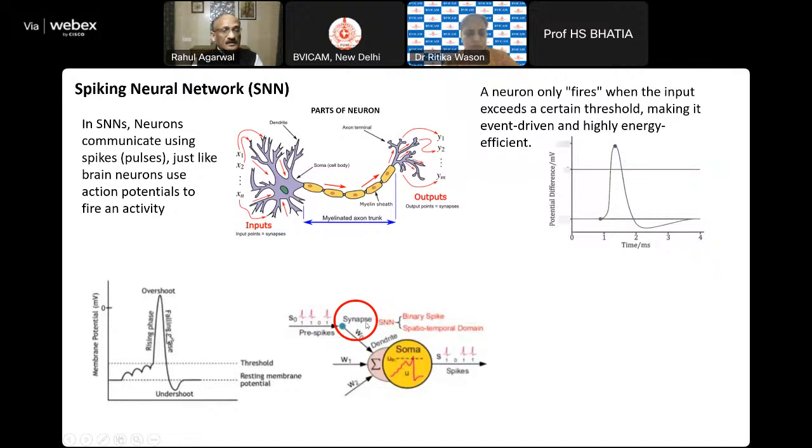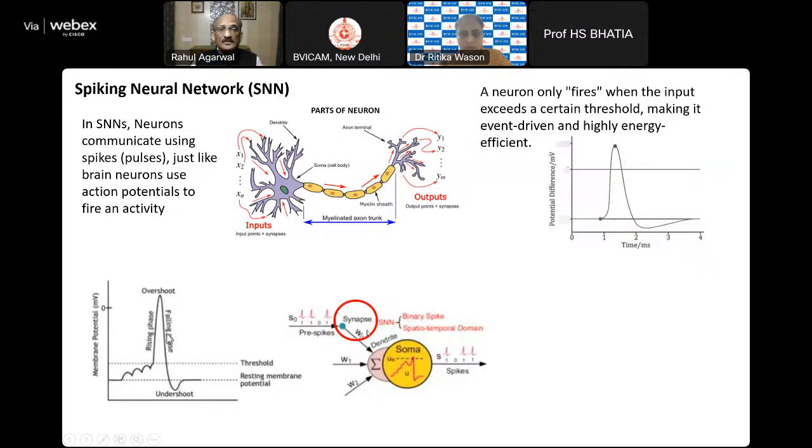And the weightage is actually in terms of the gap between two neurons. This small tiny space between two neurons is called a synapse. When the dendrite or the axon terminal of the previous neuron is connected, they have such a small gap between them, and it depends on how much that particular path is being used.